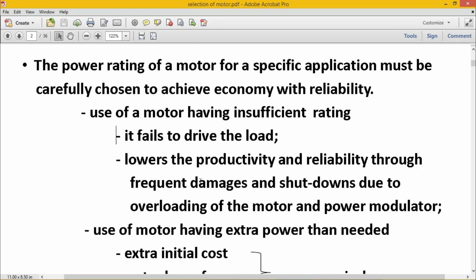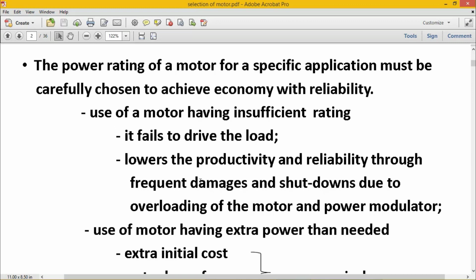Now when you are using a motor for a particular application, if it happens that motor has insufficient rating, then what will happen? It fails to drive the load, which is the prime motto of the motor, and second, it will lower the productivity and the reliability through frequent damages and shutdown due to overloading of the motor and power modulator.